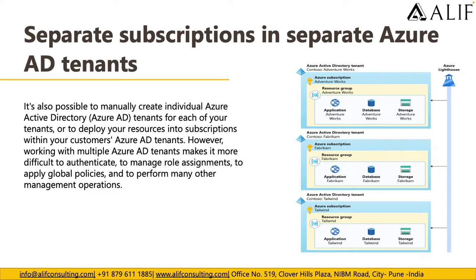So the best is to have multiple subscriptions for prod, UAT, and dev, and have all of the resources deployed inside them. Again, it depends on how the customer wants to move forward and how they choose these deployment methods, or the separation of the subscriptions or resources, right?